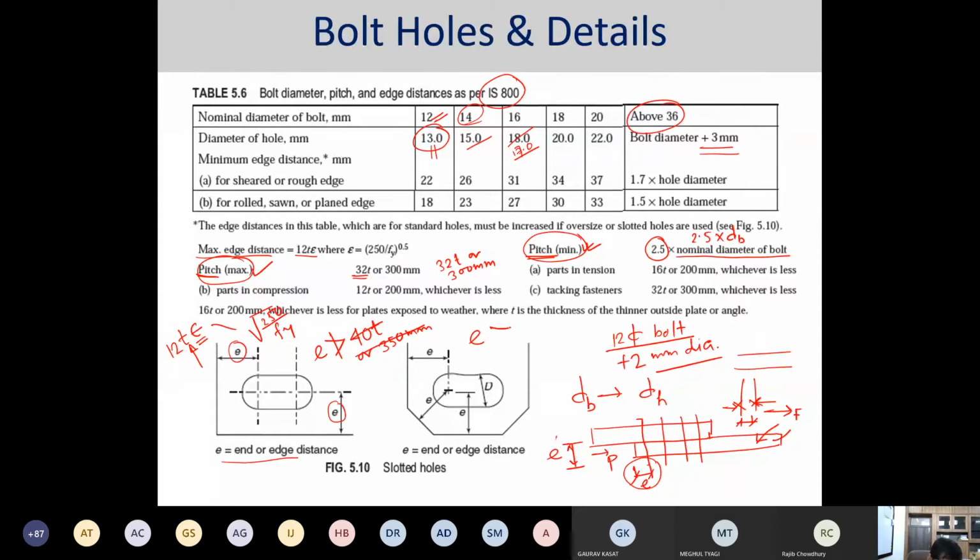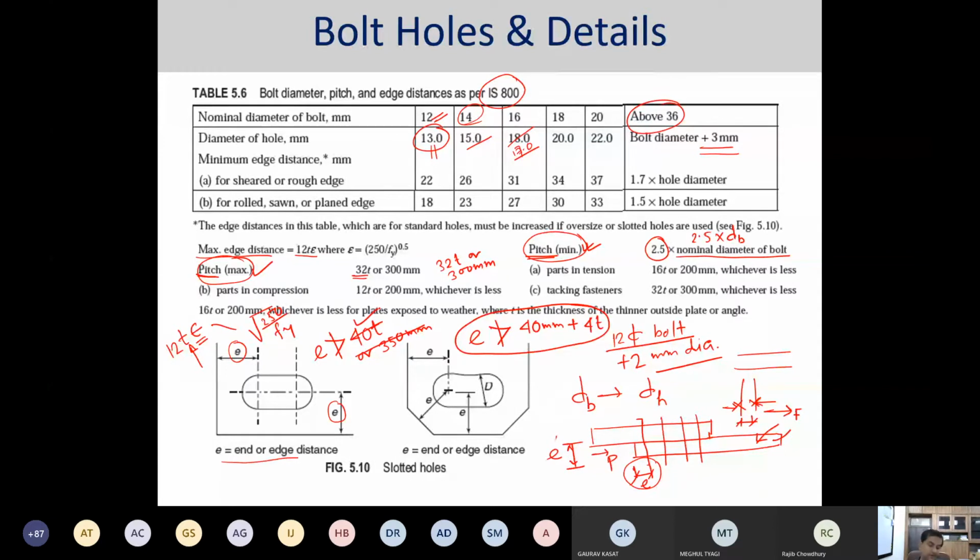Let's configure it this way: only consider the 40 mm plus 4 times T part, otherwise you will be puzzled.